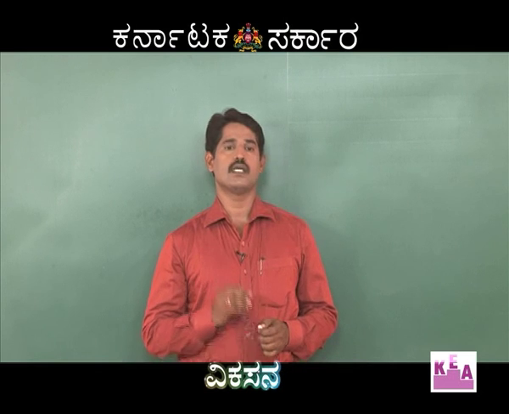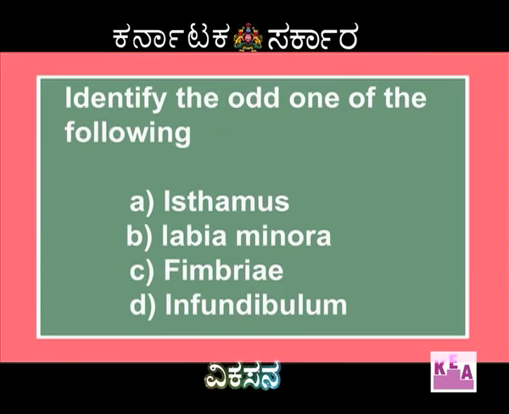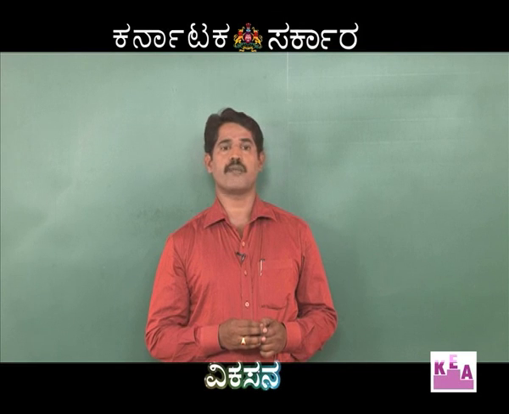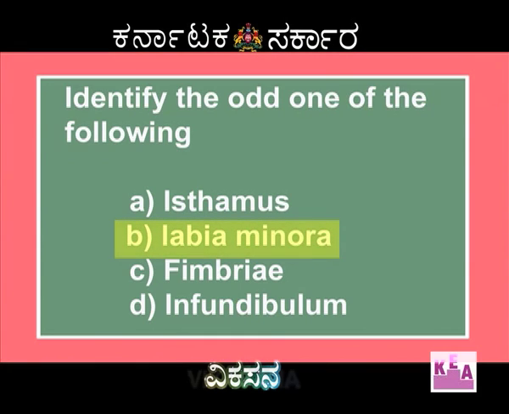These are the structures associated with the fallopian tube, whereas the labia minora is part of the external genitalia of the female. As a result, for this question the correct option is labia minora.